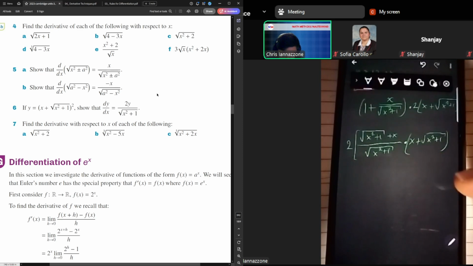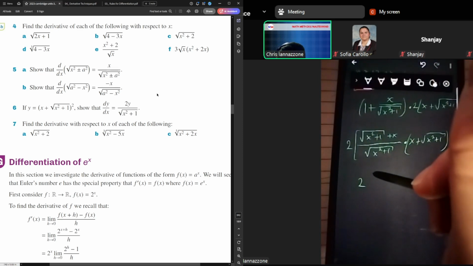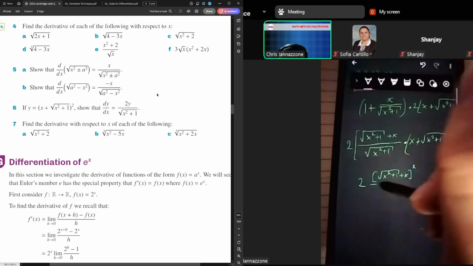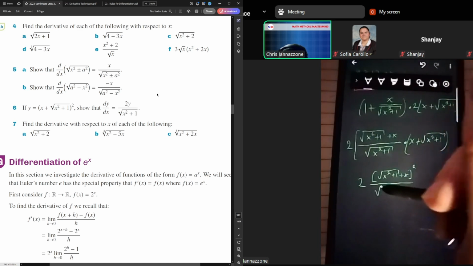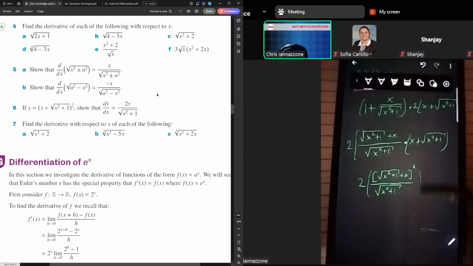And so what that ends up meaning is you're still going to have the 2 at the front here. Then the thing on top, square root x squared plus 1 plus x is going to be all squared over square root x squared plus 1. Still going to have that too.